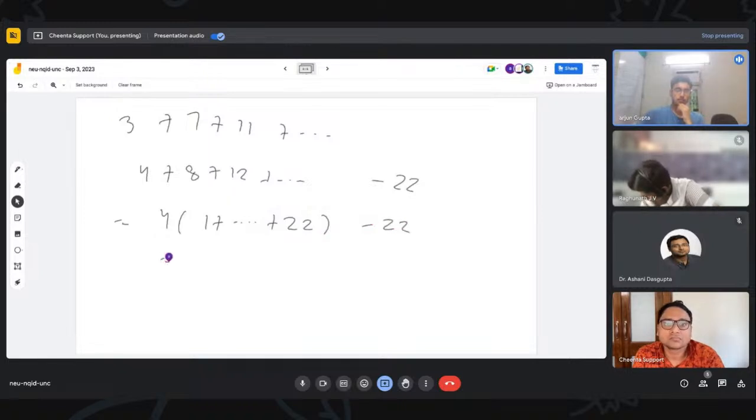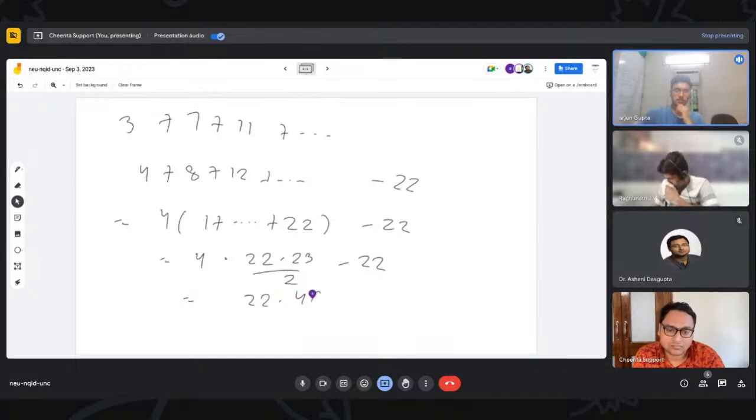This is equal to 4 times 22 times 23 by 2 minus 22, which is 22 times 46 minus 22, which equals 22 times 45.